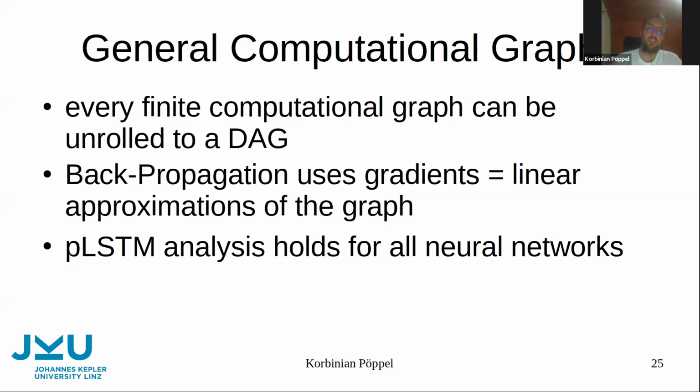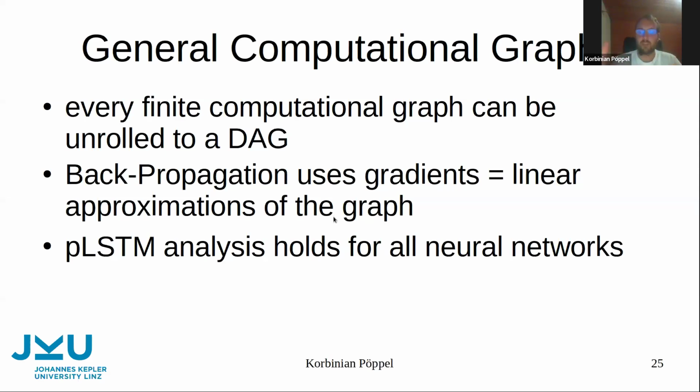What is interesting, I think, is that this analysis also goes beyond just pLSTM, but applies to general computational graphs. Every finite computational graph can be unrolled to a DAG. So all machine learning models, for example. And what we have for deep learning especially is that backpropagation uses gradients. And gradients are linear approximations of the computation in the graph.